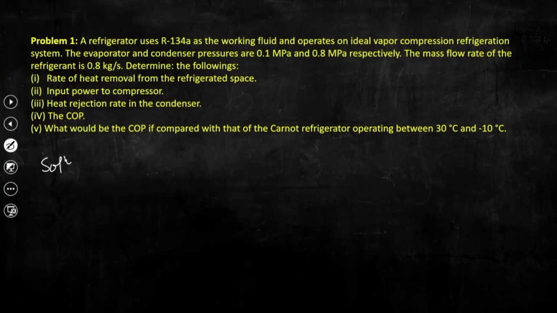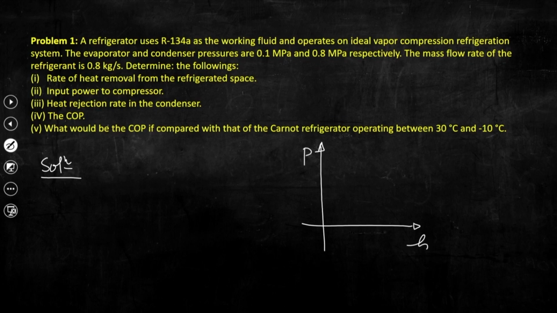We need to draw the, that is very important, pH diagram. As I said to you, if you recall, in an ideal vapor compression refrigeration cycle, out of the 4 different processes, 2 processes occur at constant pressure, and one process is basically not an isenthalpic process, but it is the process for which enthalpy before throttling is equal to enthalpy after throttling.